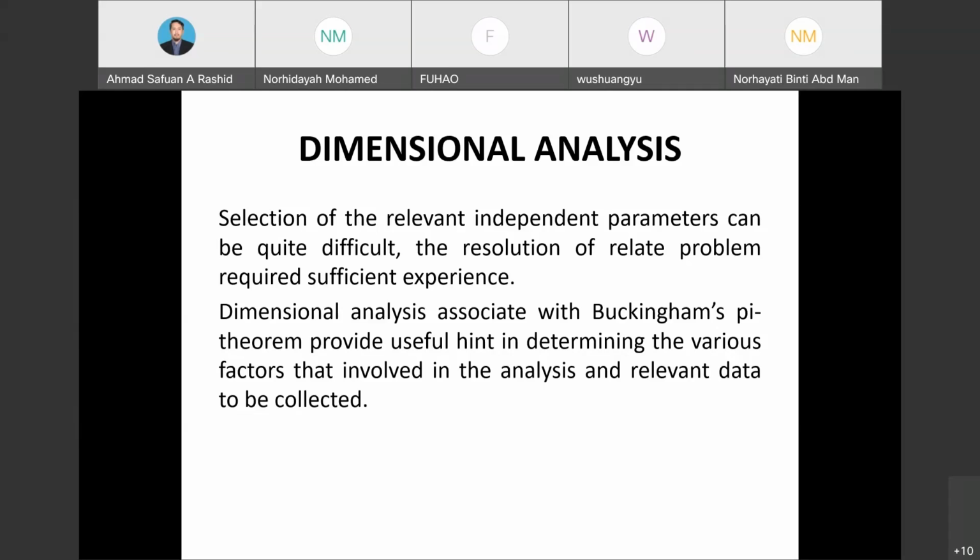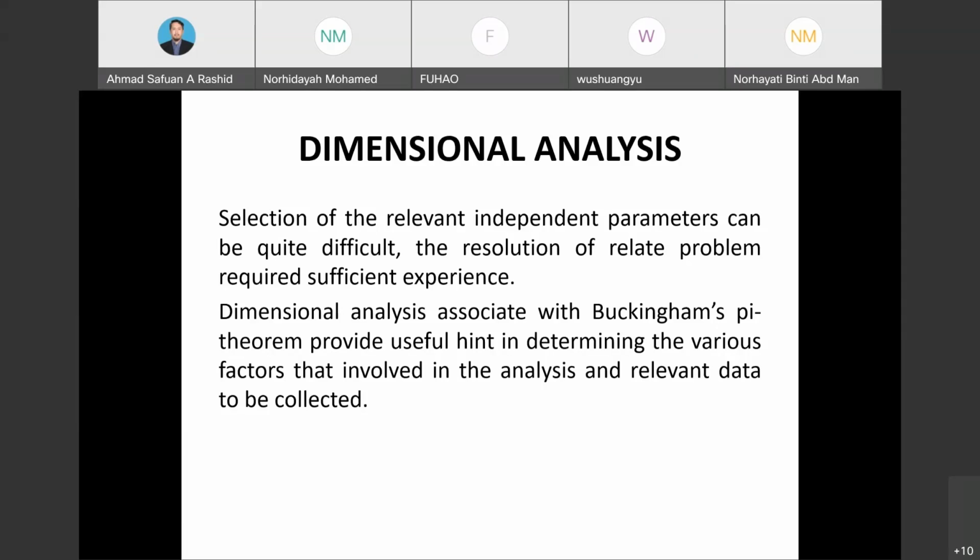Based on my experience, I am using this approach, and then I developed what we call a practical design chart for the deep mixing method, because at that time I was using numerical software, so I could easily run up to 2,000 simulations in order to produce the practical design chart for the study.